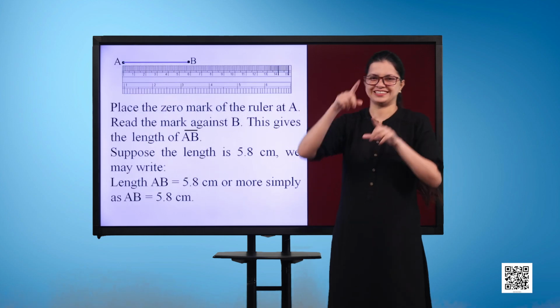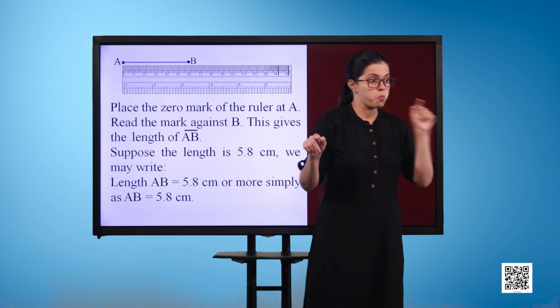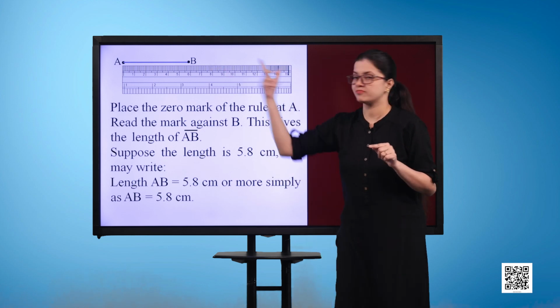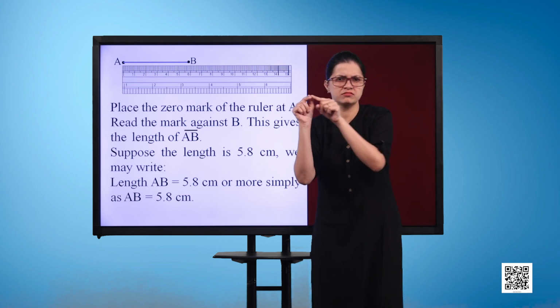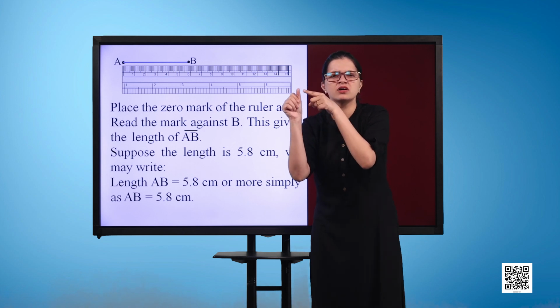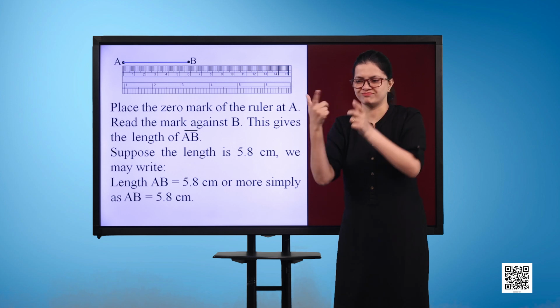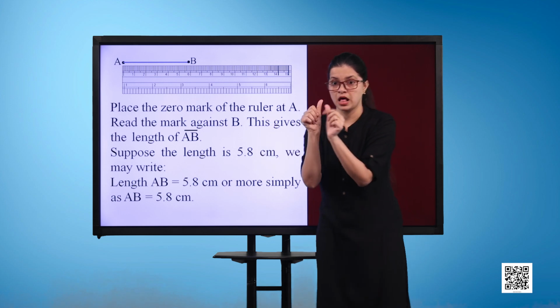Place the zero mark of the ruler at A. Read the mark against B. This gives the length of segment AB.